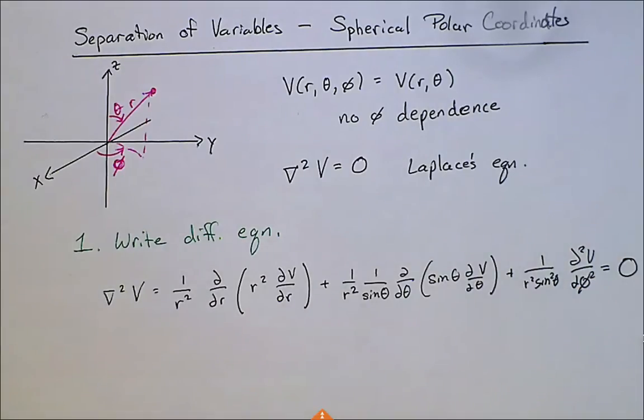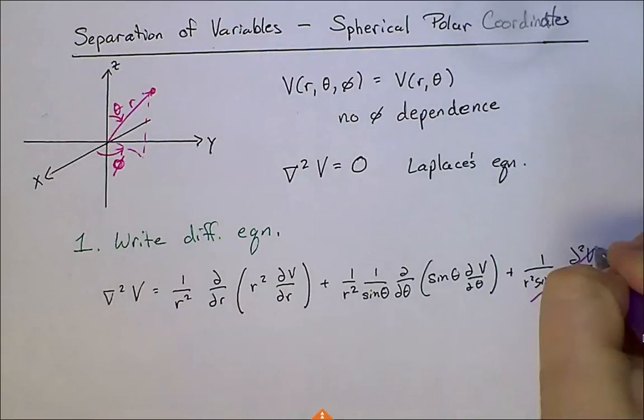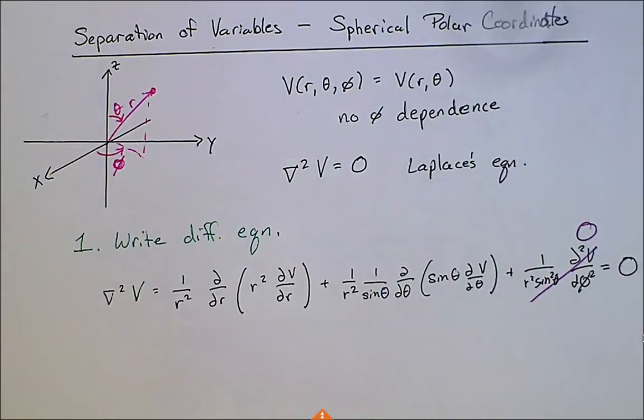And this is 0. It's Laplace's equation. Now, because we are assuming that there is no phi dependence, that means that this derivative is going to give us 0.